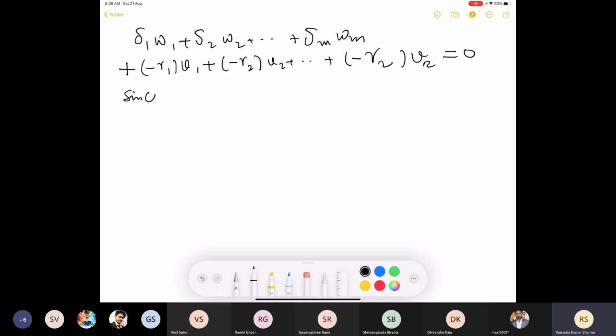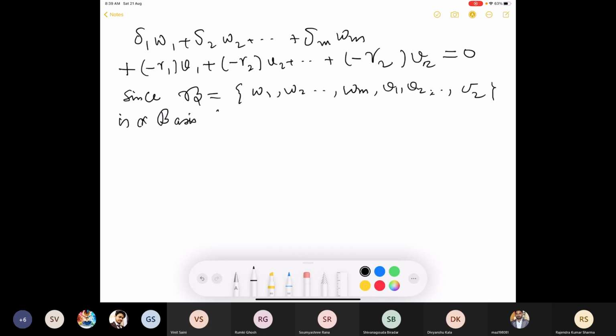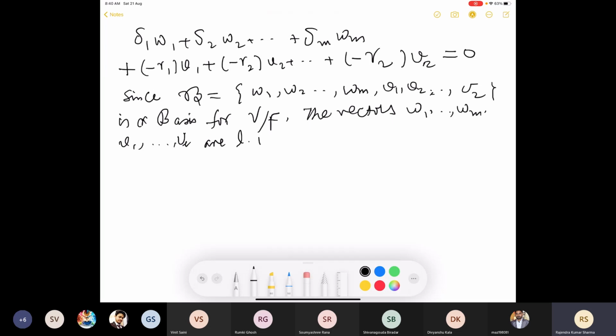Now since B, which consists of these W1, W2, Wm, together with V1, V2, Vr is a basis for V over F, the vectors W1, W2, Wm, V1, V2, Vr are linearly independent.